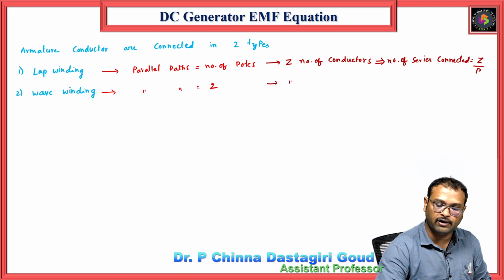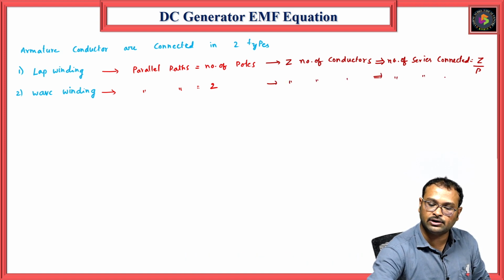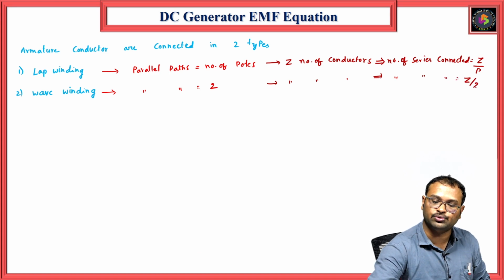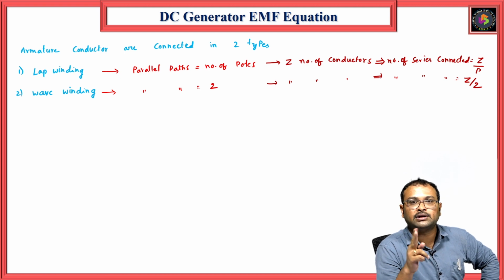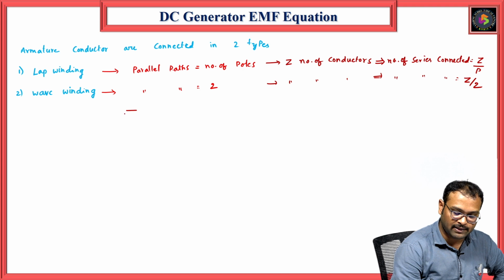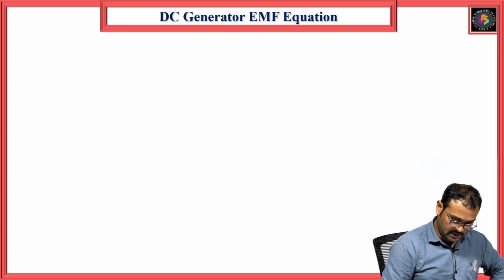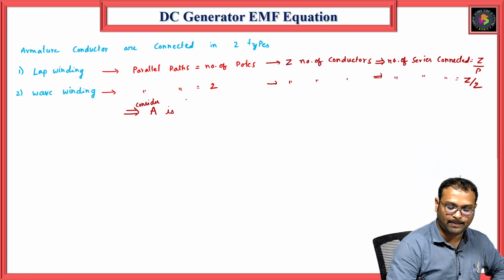And similarly, in wave winding also Z number of conductors, so the number of series connected is equal to Z by 2. So we don't want two equations for our EMF equation. So we commonly consider A as the number of parallel paths.